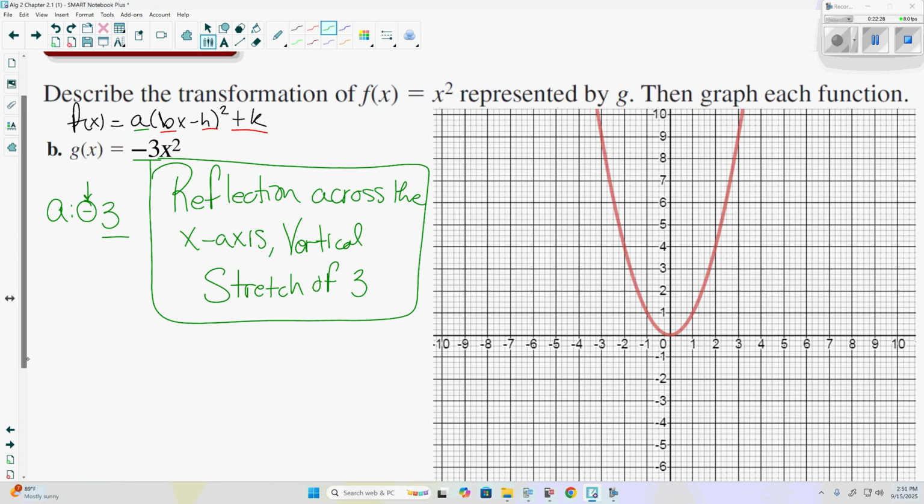So this would go down, and it's going to stretch by a factor of 3. So we get something that looks like this here. It's going to be skinnier.